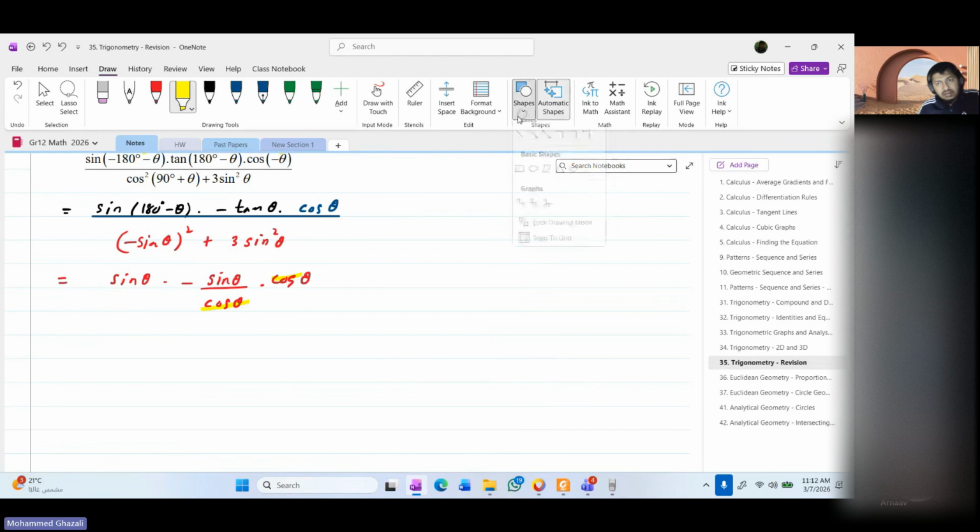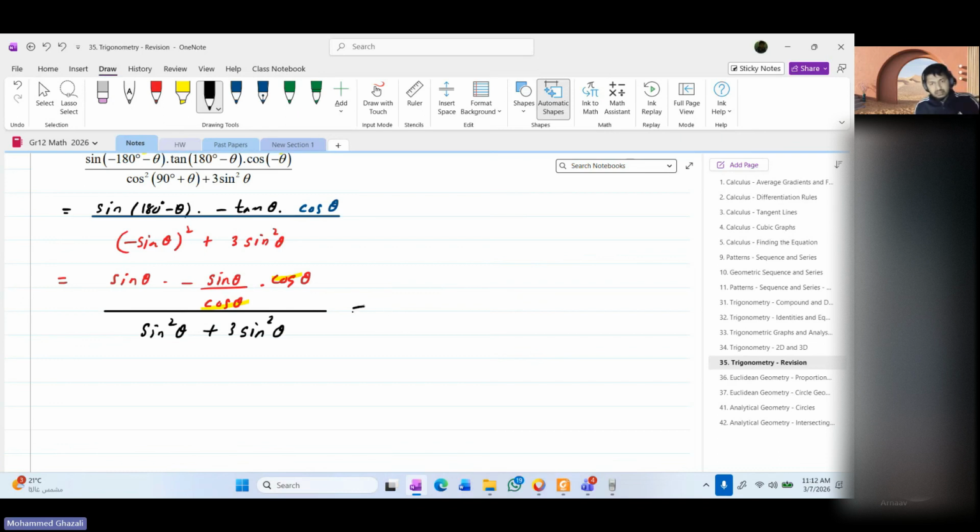And the whole thing is over sine squared theta plus 3 sine squared theta, right?